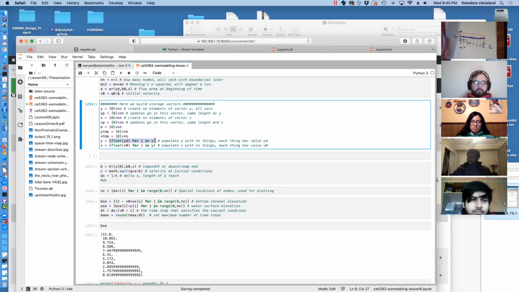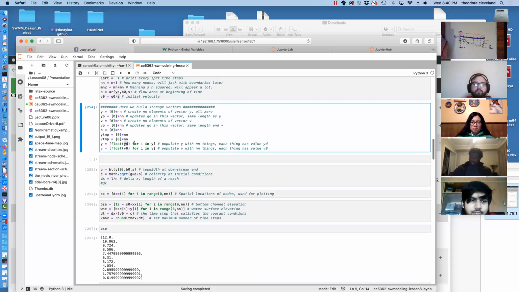The English word jargon is actually harder to understand than doing it. So what it's doing is it's populating our vector y, which already exists now. It has nn zeros in it, and we're replacing those nn zeros with values y sub d, and we're forcing those to be floats so that they have a decimal point in them.